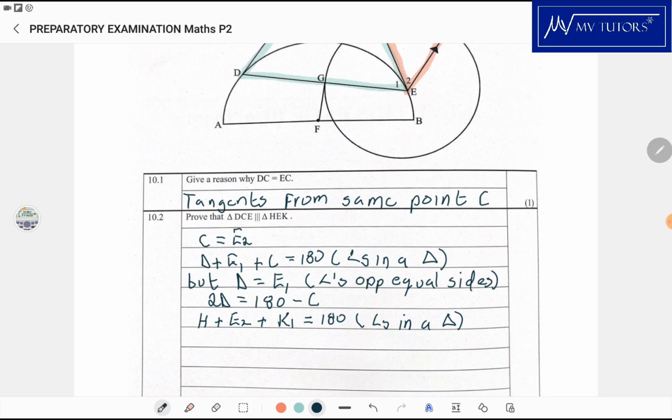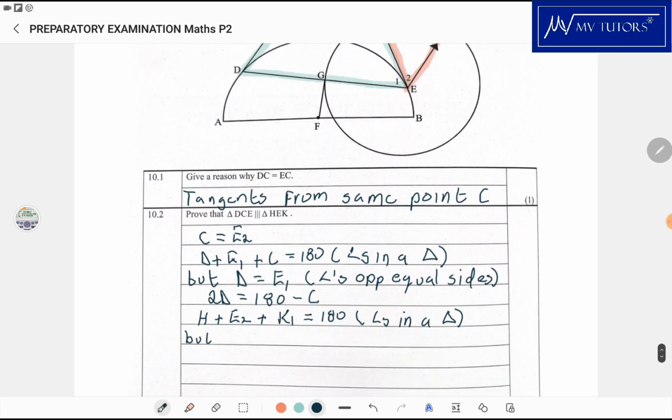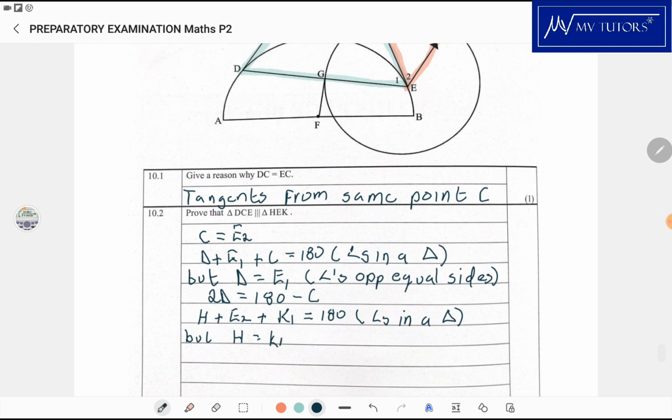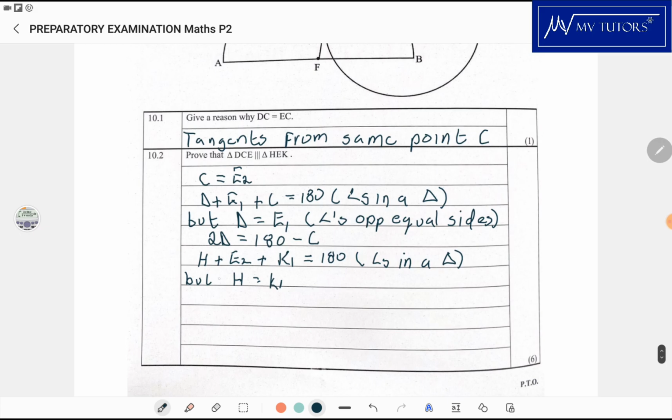But we can see that H is equal to K1, which means in the equation above, I can just say 2H is equal to 180 minus E2. Can you see it? 180 minus E2.